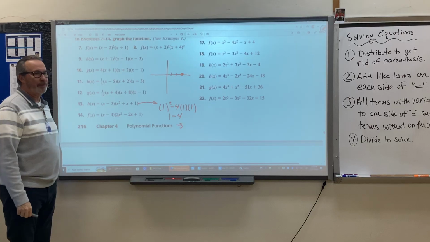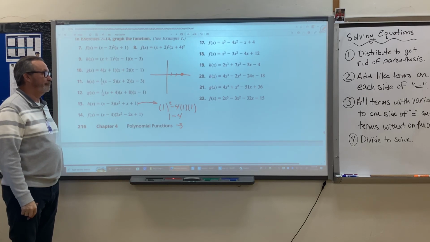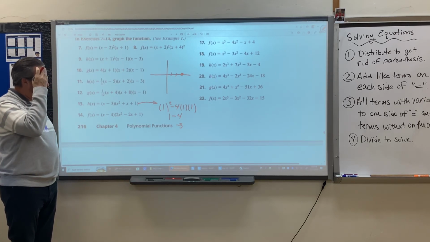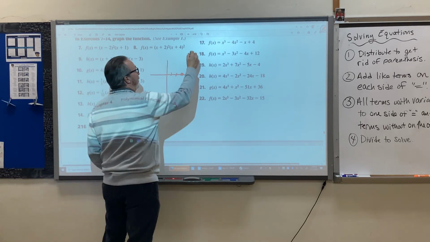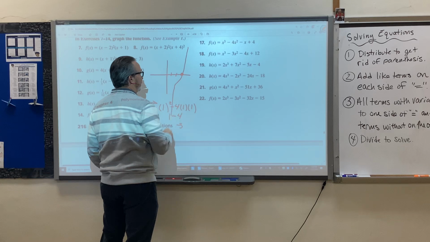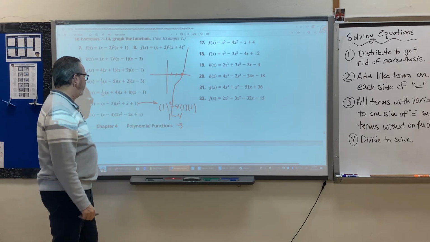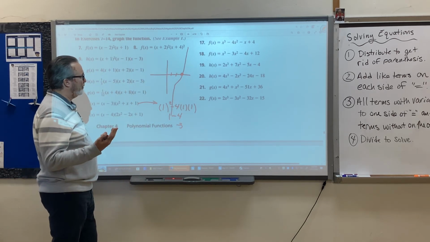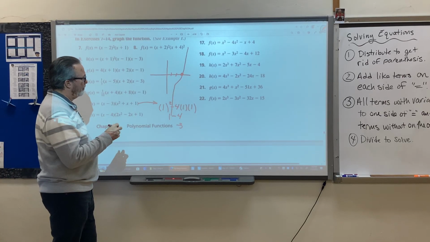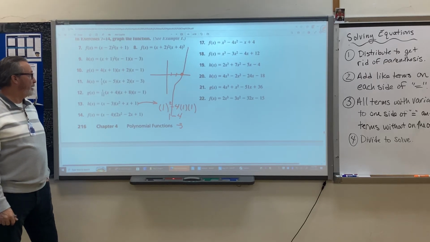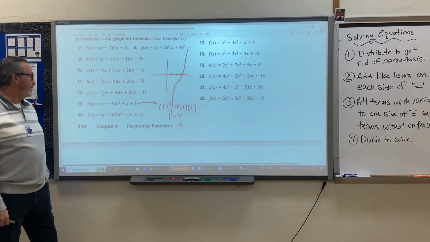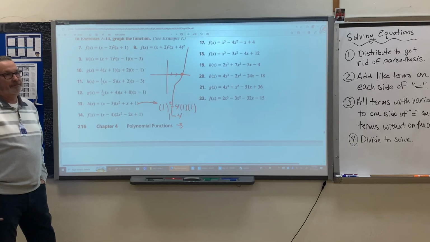Third degree polynomial. It probably does something like that. And as long as it goes through the x-axis at positive 3, it's good.